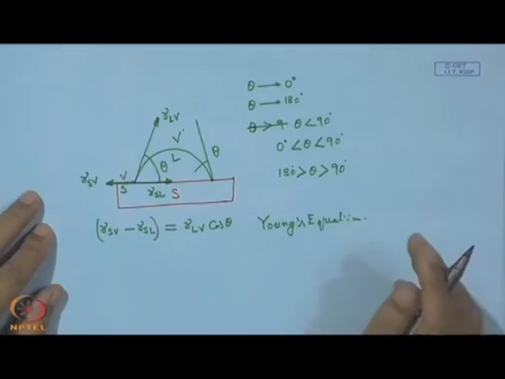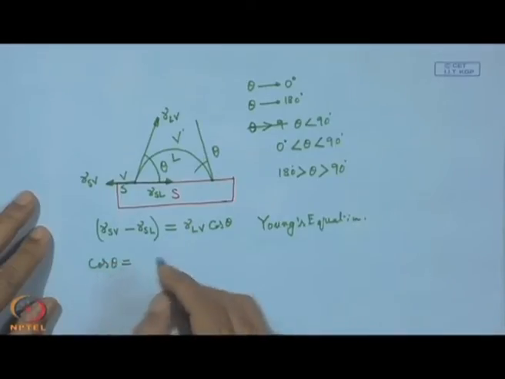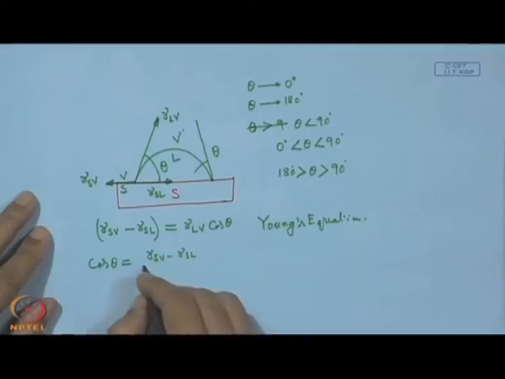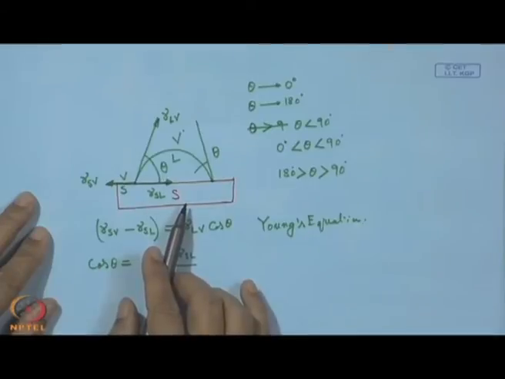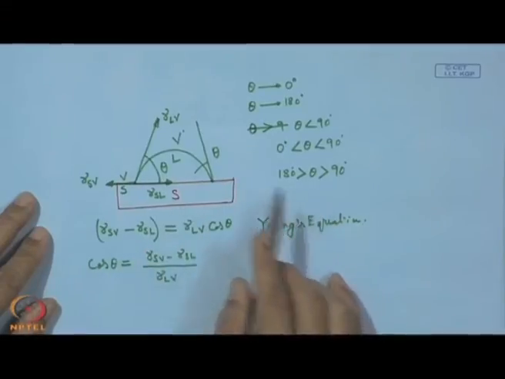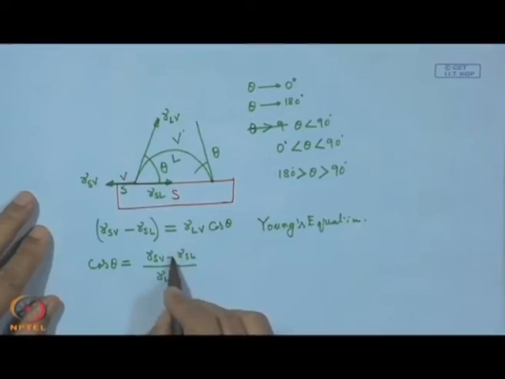Now, this equation gives us a clear message, that means we can write cos theta is equal to gamma SV minus gamma SL by gamma LV. So, this is the term. Now, when we have spreading leading to zero theta, then obviously this value should be very high, and under that condition gamma SL should be as low and gamma SV should be quite high.